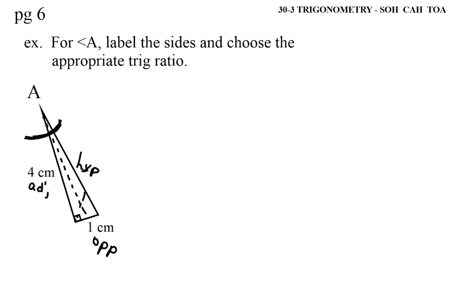Reference angle, label the sides, and now choose. Which piece here does not help us? Well, we have adjacent, we have opposite, we don't know the hypotenuse, so it doesn't help us. What uses the adjacent and the opposite sides? The sine, opposite hypotenuse.